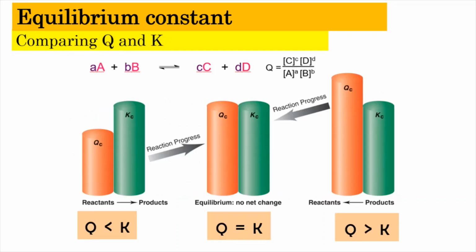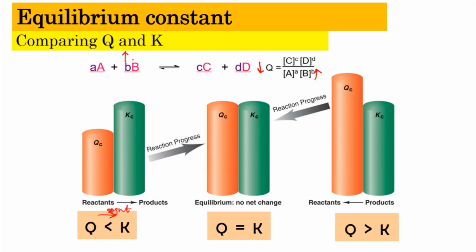Here is the summary of what you have looked at just now. When Q is lesser than K, the reaction will go in the direction from the reactant into product, so it's going to shift to the right. Conceptually, when your Q is lesser, it means that your reactant is going to be very, very high.